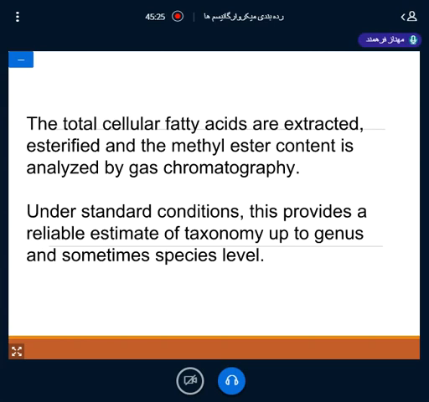Okay, so the total fatty acids that we can extract from cells can be different. For example, methyl ester content can be recognized by gas chromatography. We are talking about analyzing fatty acids.